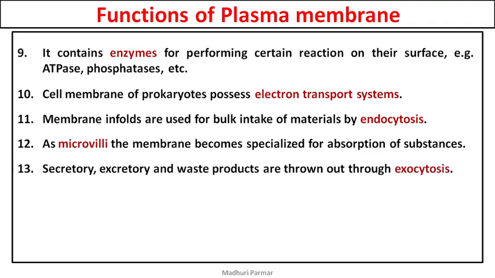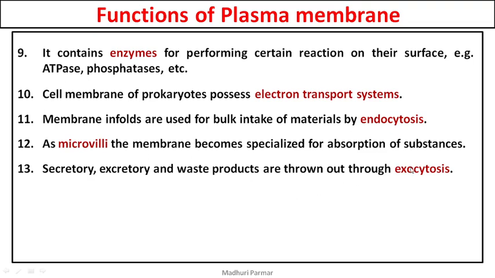Secretory, excretory, and waste products are thrown out through exocytosis. Secretory means something that the cell is secreting. It could be a hormone, it could be some protein, that is secretion. Excretion is removal of waste products, like ammonia, urea, uric acid, all of that is excretory and waste products.